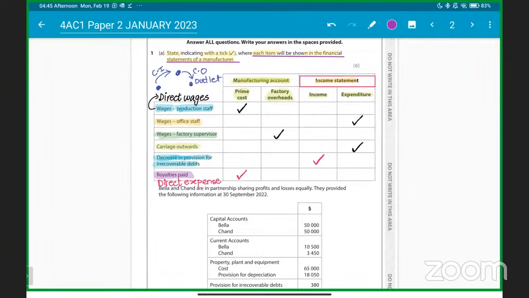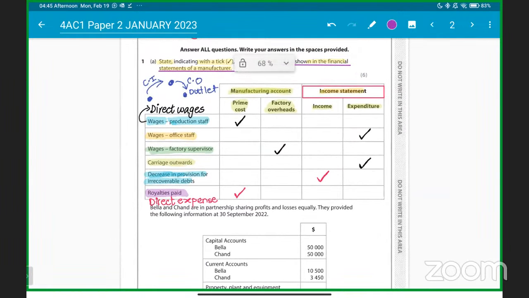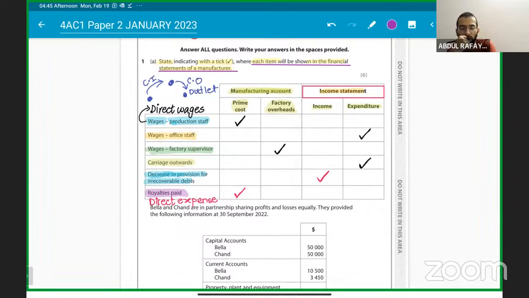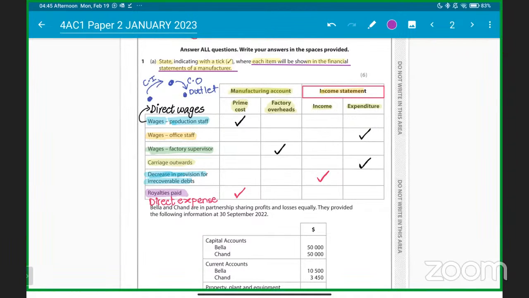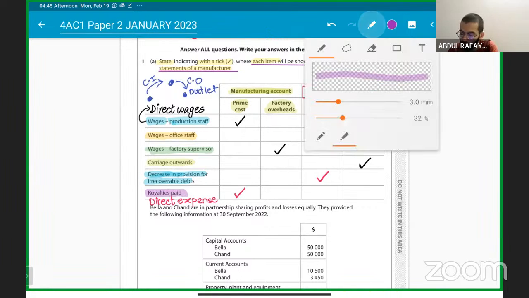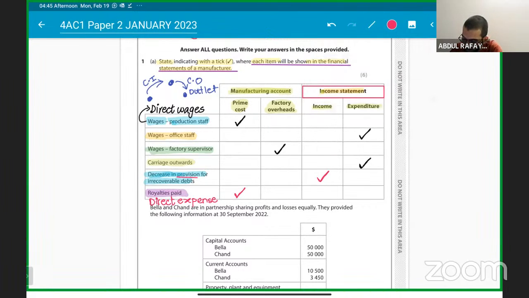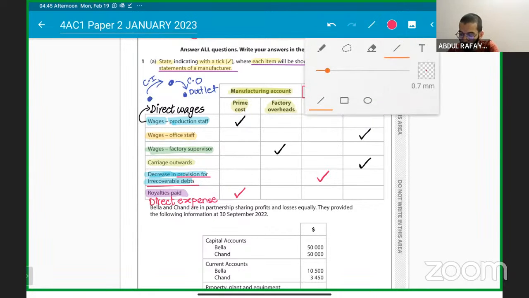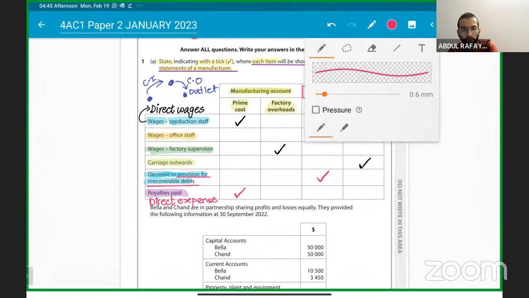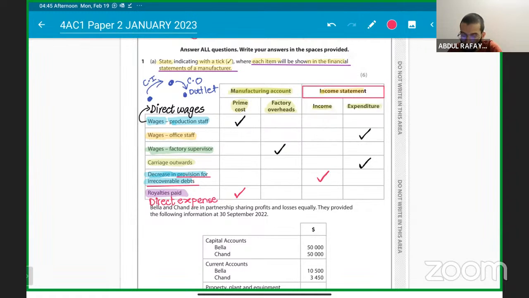If it only says provision for irrecoverable debts, would that come in the income statement? Yes, if it's written only provision for irrecoverable debts, it will be part of the income statement, but then we cannot write whether it's an income or expenditure. Provision for irrecoverable debts is basically an item of the income statement.